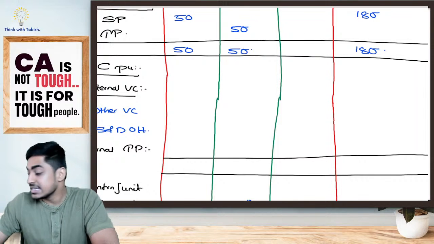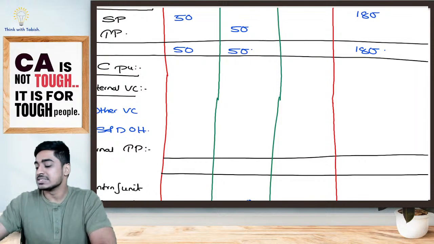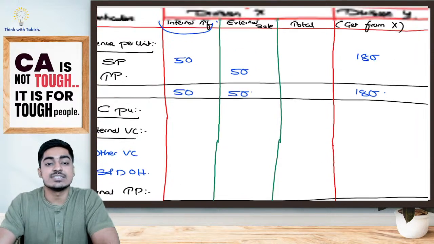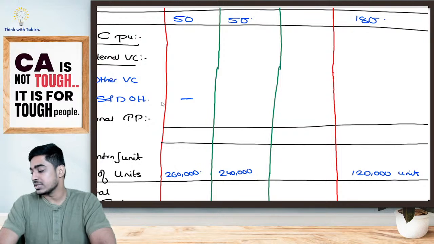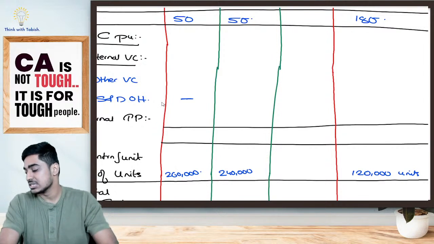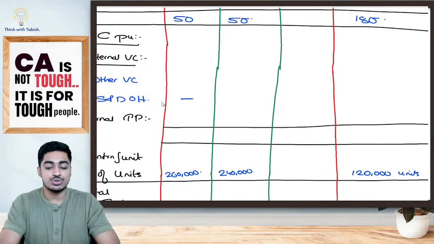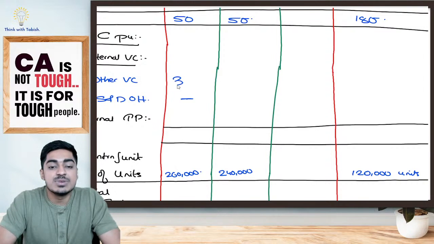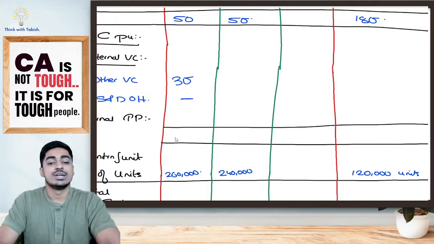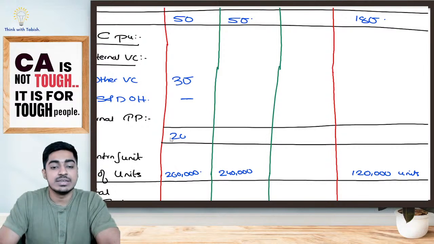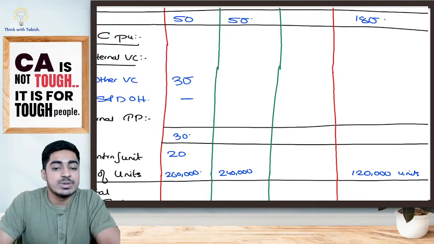There is a selling and distribution cost of 4 rupees, but for internal transfer, I will not be incurring it. So what is my variable cost, students? 12, 16, 2, so 30 rupees is my variable cost. Yes or no? So how much contribution will I earn? 20 rupees contribution per unit.